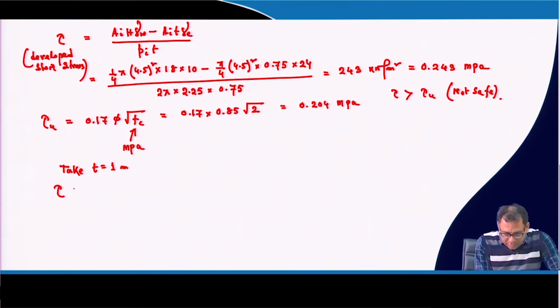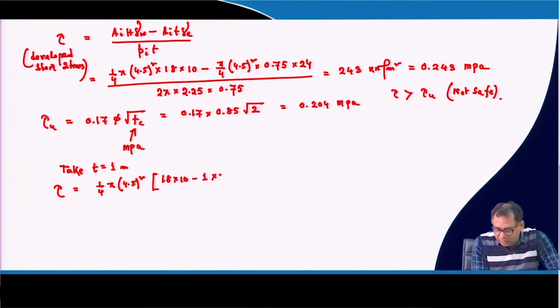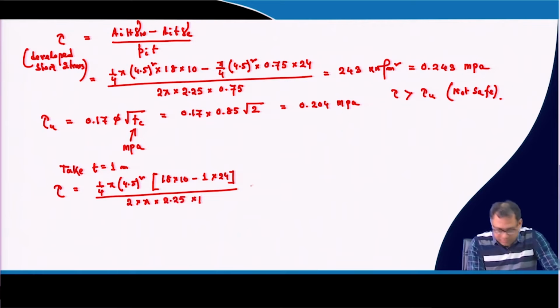Now, the tau which is developed is, if I take pi by 4, 4.5 outside, then this will be 18 into 10 minus, now it is 1 into 24, then divided by again 2 into pi into 2.25 into 1, because now it is 1 meter.